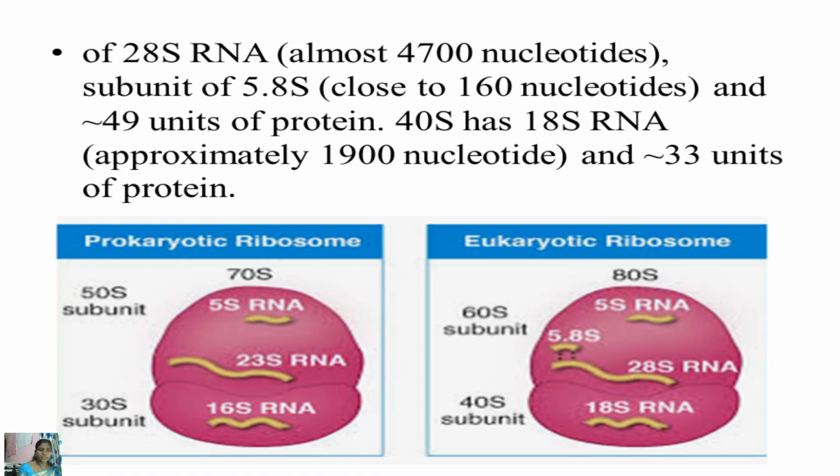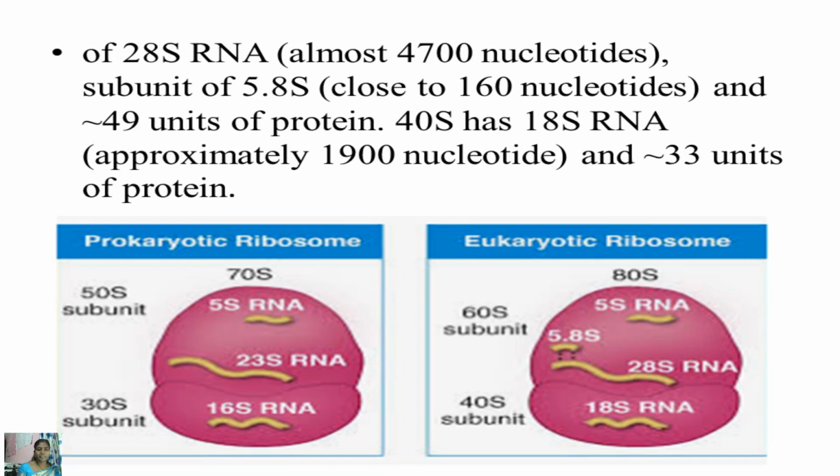Here I have given the difference between the prokaryotic and eukaryotic ribosome. The prokaryotic ribosome is 70S and the eukaryotic ribosome is 80S. In prokaryotes, the larger subunit is 50S and the smaller subunit is 30S. In eukaryotes, it is 60S and 40S.